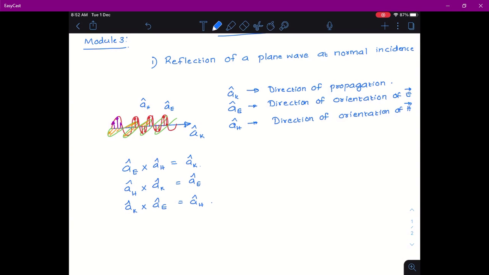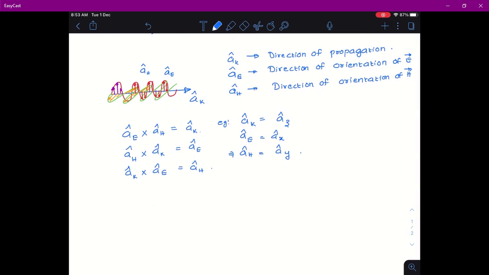You can give an example. For example, when we did the assumption, a_k is a_z, a_E is a_x, and a_H is equal to a_y. This we have assumed, and this we have already seen.